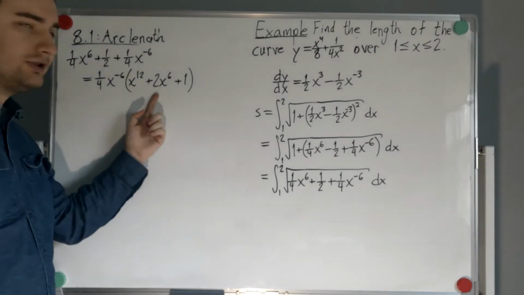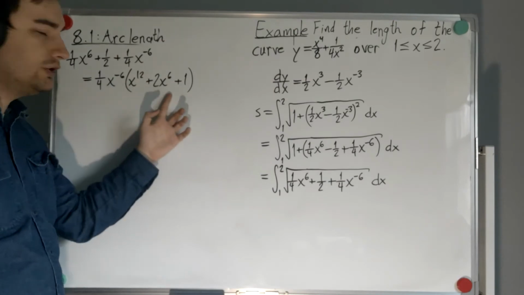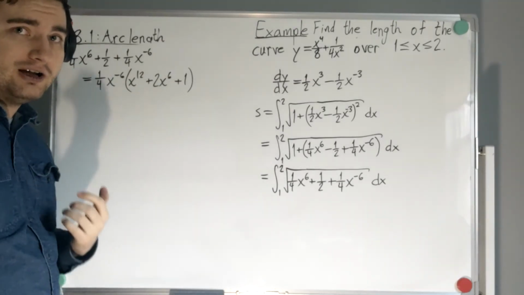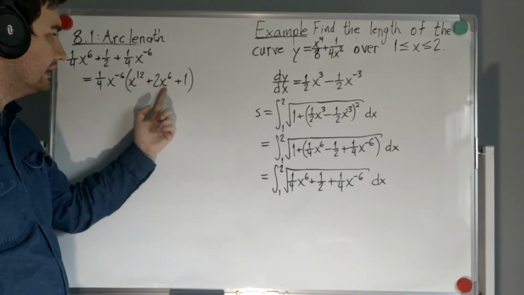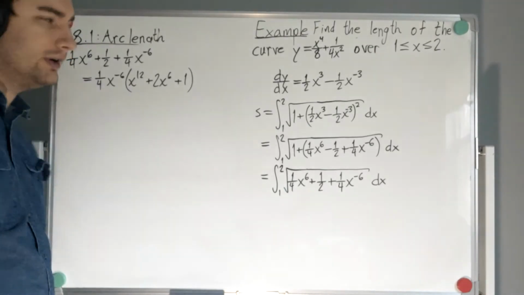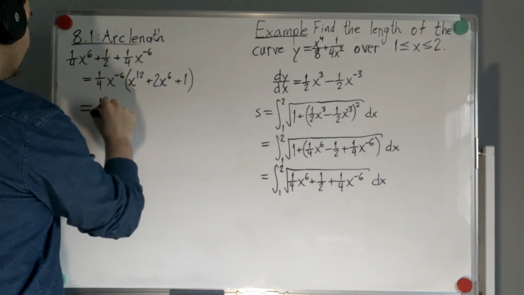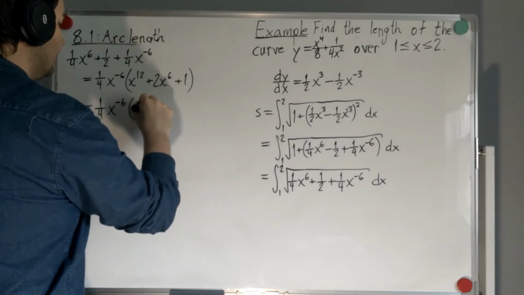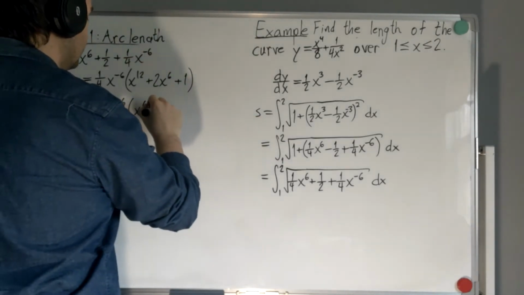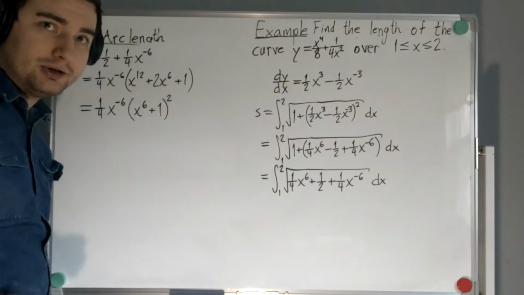Now this thing can be factored because it's a quadratic in terms of x to the 6th. This is x to the 6th squared, this is x to the 6th, and so we can do it. So this becomes 1/4 x to the negative 6 times x to the 6th plus 1 times x to the 6th plus 1, which is just x to the 6th plus 1 squared.